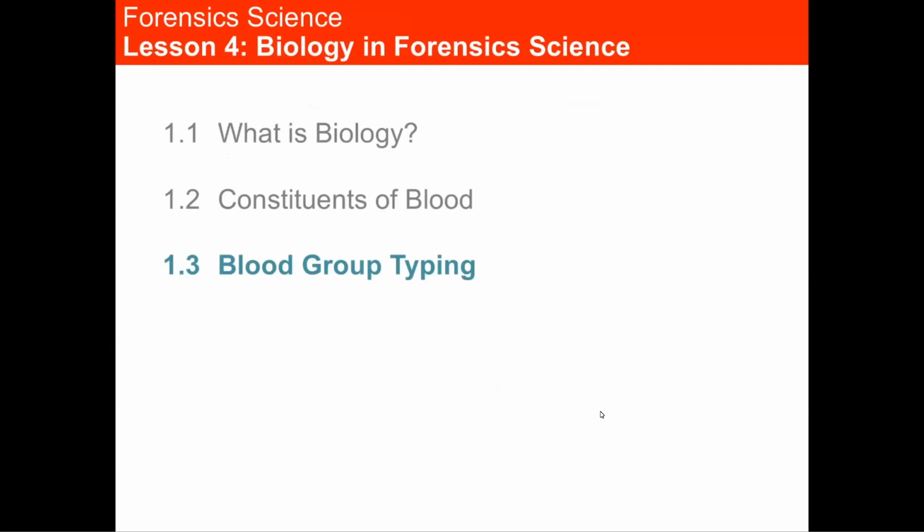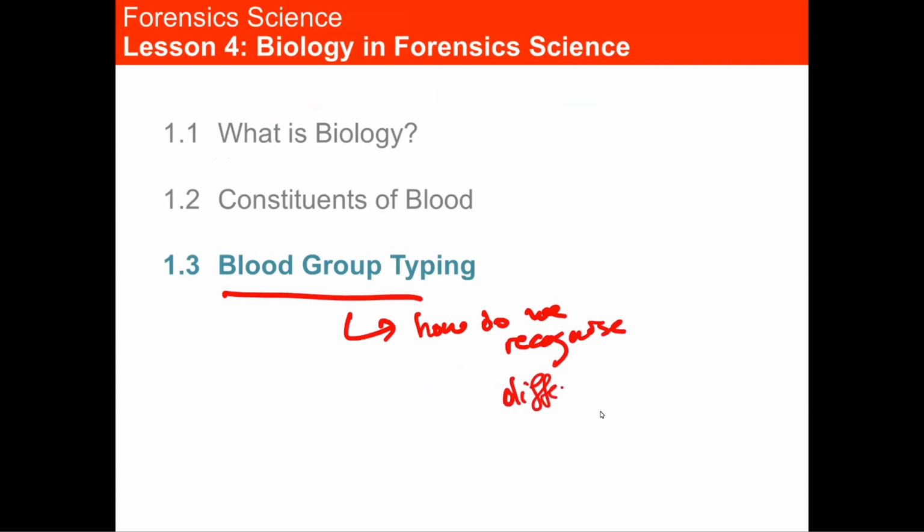With that in mind, we'll now go through what blood group typing is. Blood group typing is basically how we recognize different blood types. I think it's quite common knowledge that everybody has different blood types.